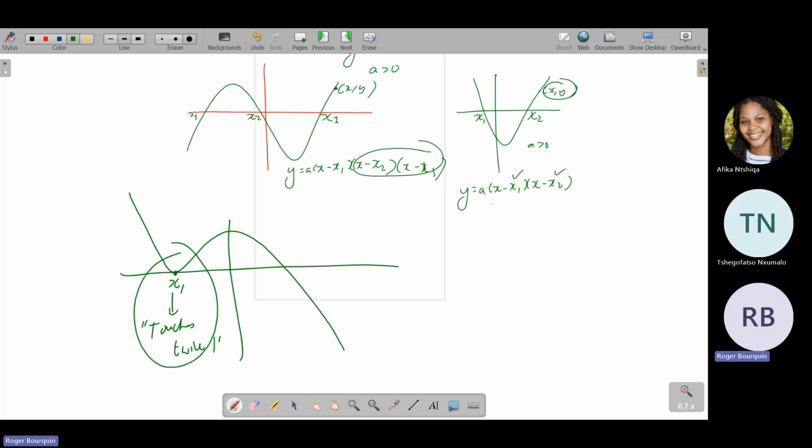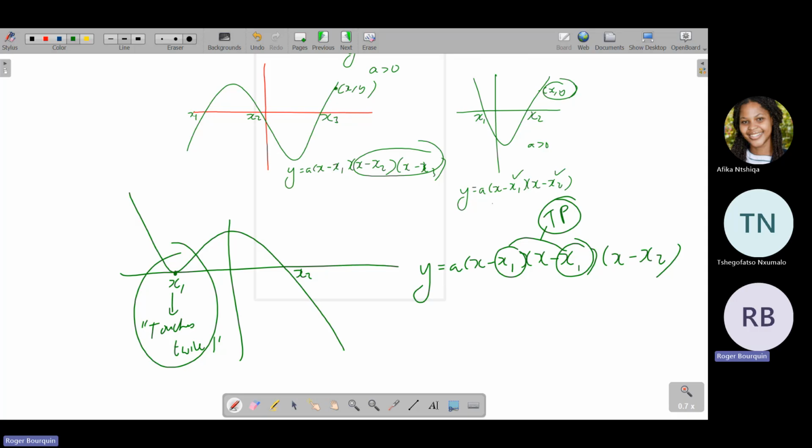So your formula would be, if that's x2 now, y is equal to a, (x minus x1), and that repeats because it's also a turning point or a stationary point. You with me? So that x1 repeats twice because it is also a turning point. Then (x minus x2). So that then is the formula you're going to use, which I think happens in this question.